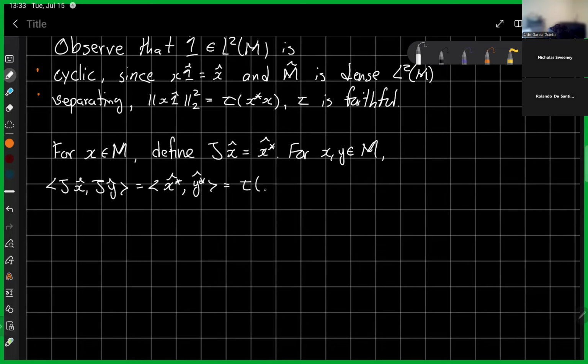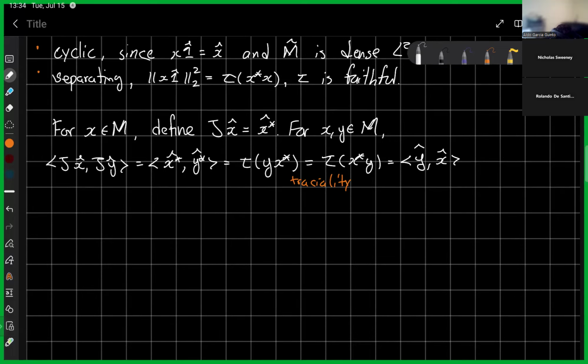Using the trace, this gives you Y X star. And then traciality here gives us the trace of X star Y. And this is what it means to be conjugate linear. It means that when you apply it, it flips the terms.